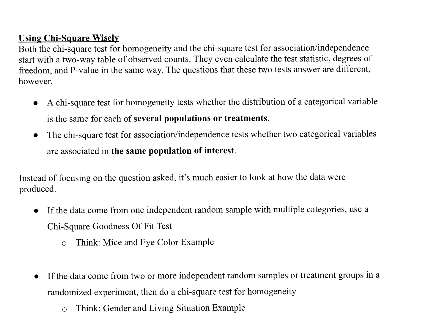So a chi-squared test for homogeneity tests whether the distribution of a categorical variable is the same for several populations or treatments. So you're looking at multiple populations in a chi-square test for homogeneity. In a chi-square test for association or independence, you're looking at two categorical variables within the same population of interest.